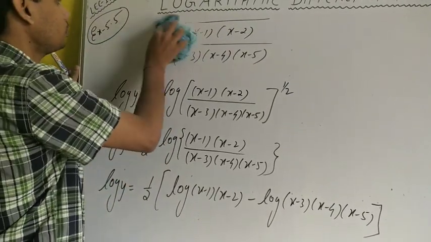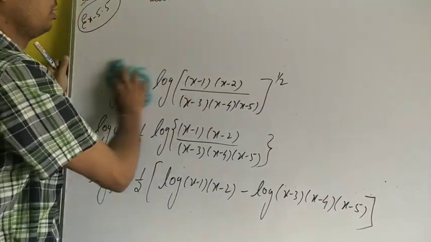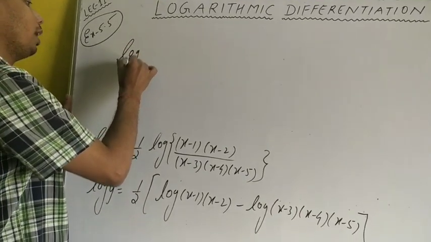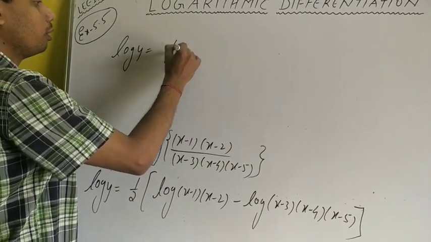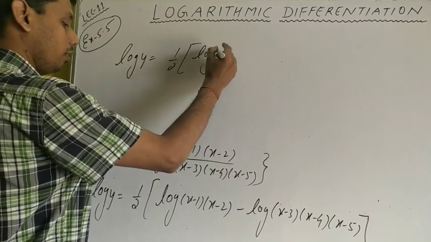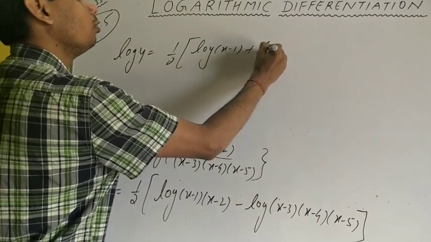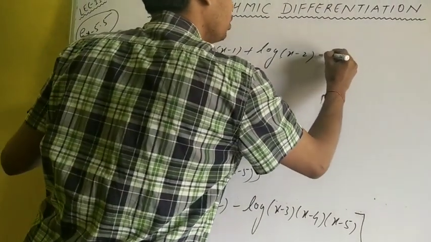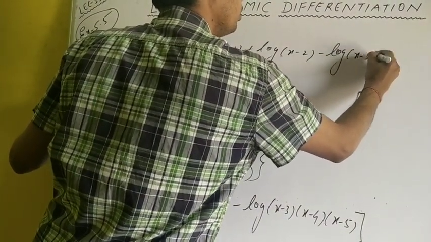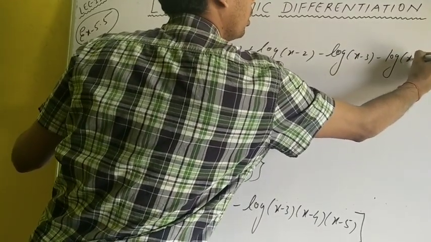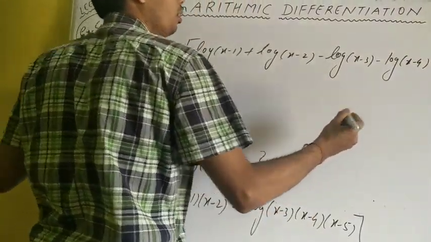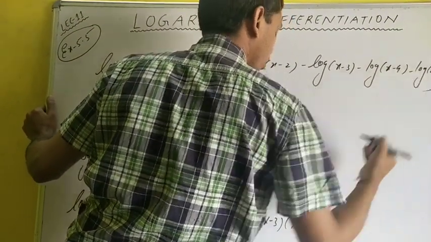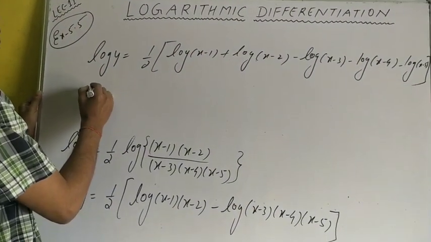Now see, here we can write this as log y is equal to 1/2 [log(x-1) plus log(x-2) minus log(x-3) minus log(x-4) minus log(x-5)].